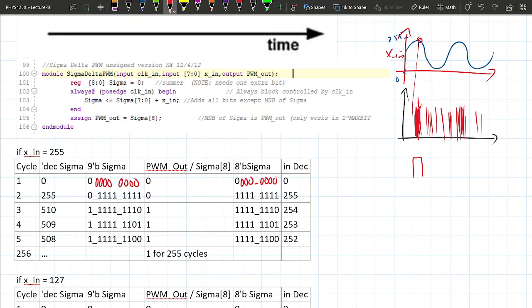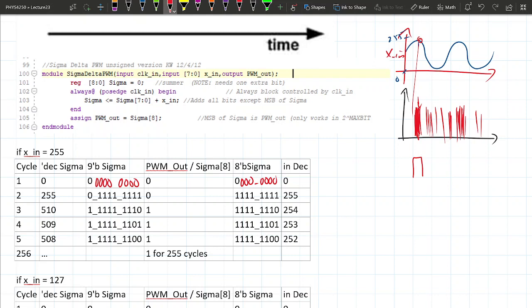So in decimal, the number I want to write into this little register is 255. In 9-bit, that number is 011111111. This will give you the 256 value.